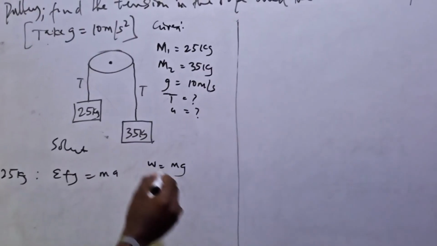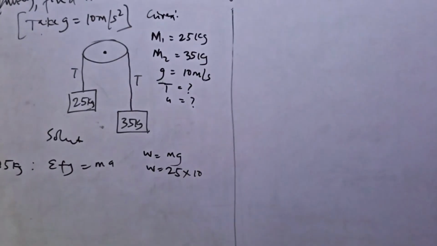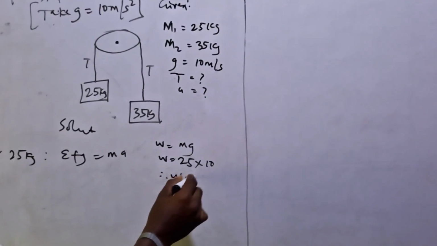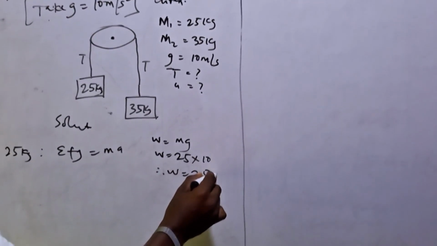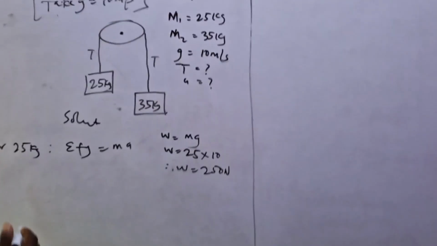Weight will be the mass, 25, times 10, which is the acceleration due to gravity. Therefore, the weight here will be 250 Newton. Now, back to the question.